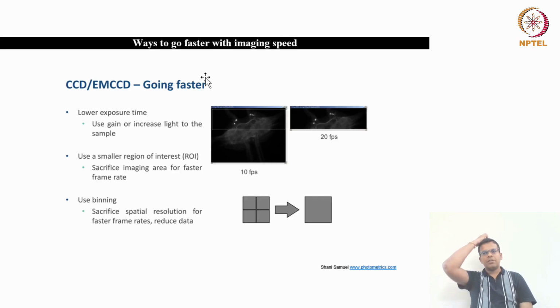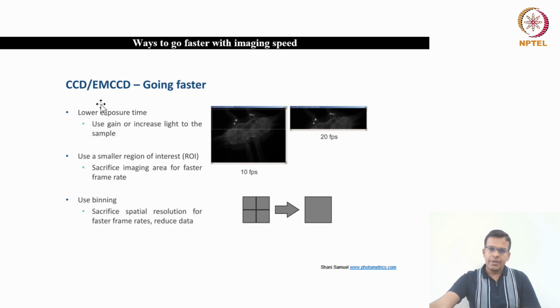Here I will show you how to go faster with imaging speed. Suppose for some application you really want very fast imaging, say a time lapse image every 10 or 15 milliseconds. There are three ways to go faster. The first is to lower your exposure time.